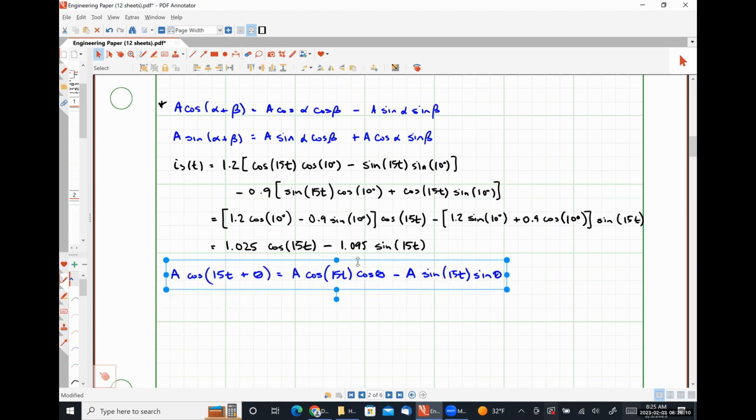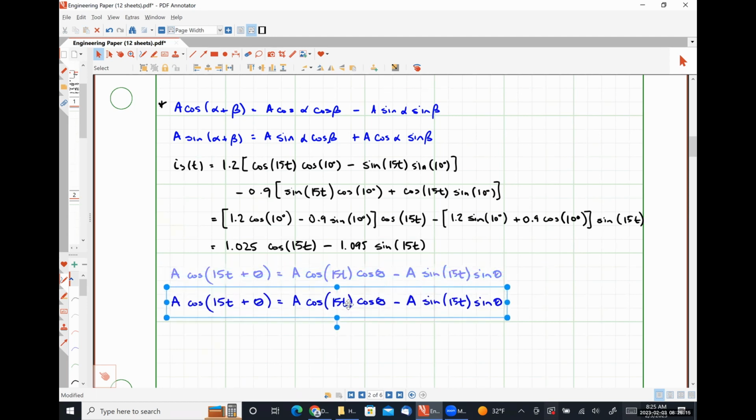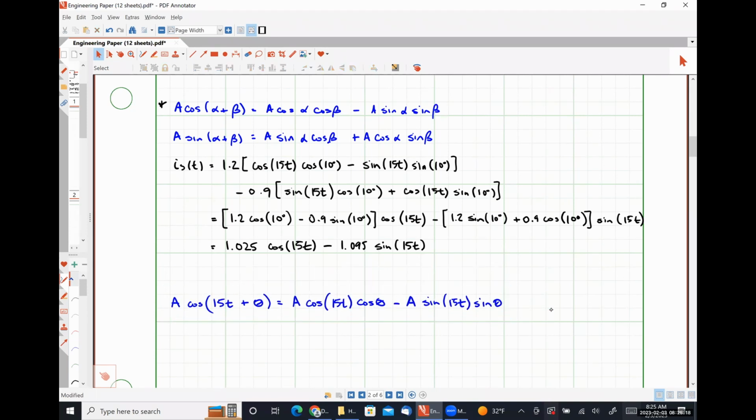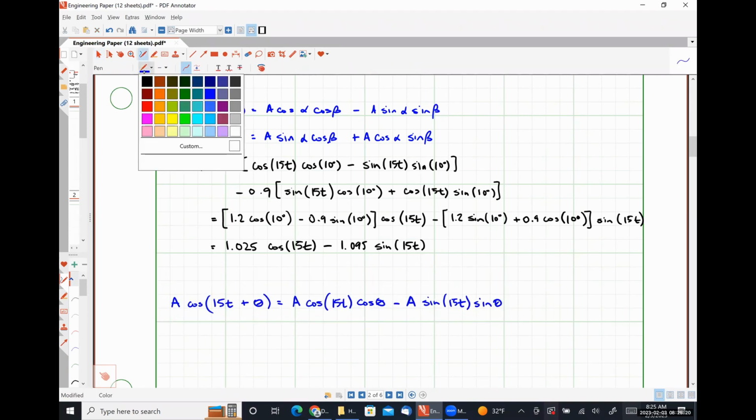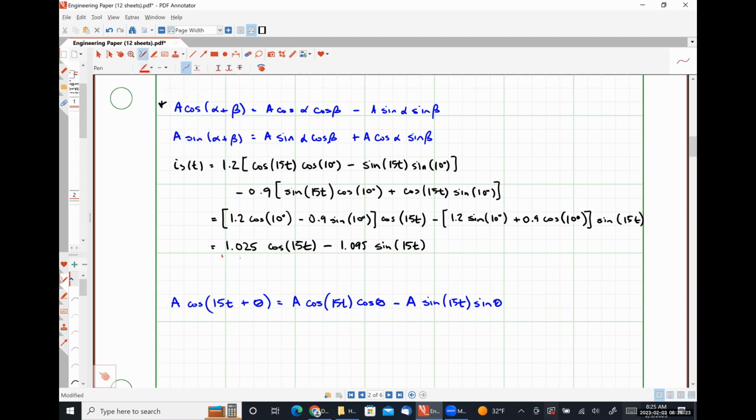I want to move it, not scale it. There we go. I'm moving it down because we can explicitly see that this 1.025 is A cosine theta. And this 1.095 must be A sine theta in the form that we have here using this trig identity.